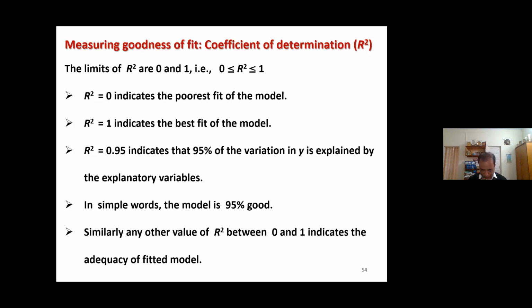Now, a very important point at this stage for all those applied workers. Well, I don't know whether I'm right or wrong, but this is what I have seen. I have not seen any research paper where they have used regression analysis and the value of R square of the fitted model is less than 0.98 or 0.99.